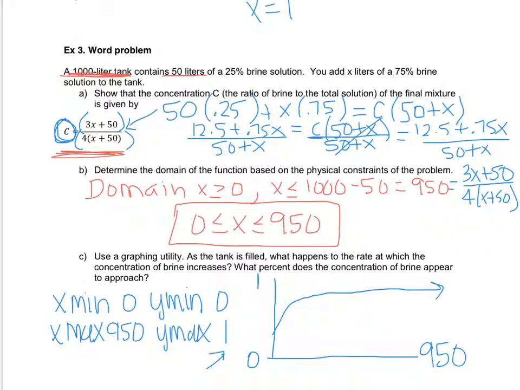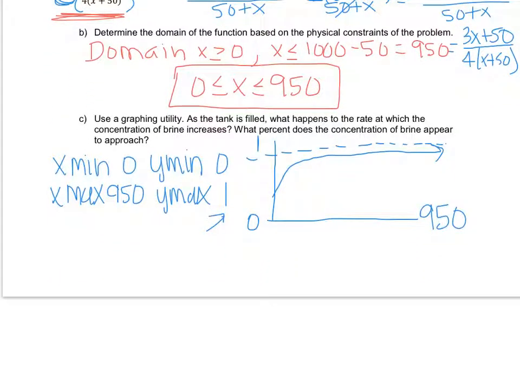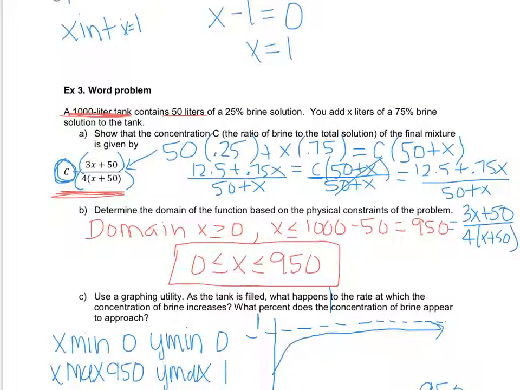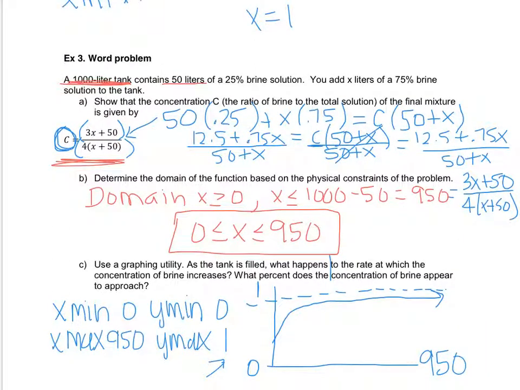Now, what it says is, as the tank is filled, what happens to the rate at which the concentration of brine increases? What percent does the concentration of brine appear to approach? So what we're going to do here is figure out, as the tank is filled up, what happens to my rate of concentration? Well, I'm adding a 75% mixture to 25%.